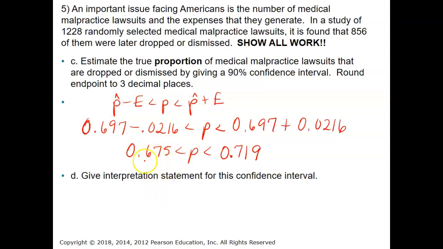So for the interpretation statement, we would say we are 90% confident that the interval from 0.675 to 0.719 actually does contain the true value of the population proportion of medical malpractice lawsuits that were later dropped or dismissed. So that would be the statement that we would have there.